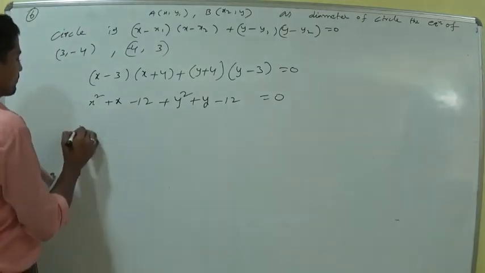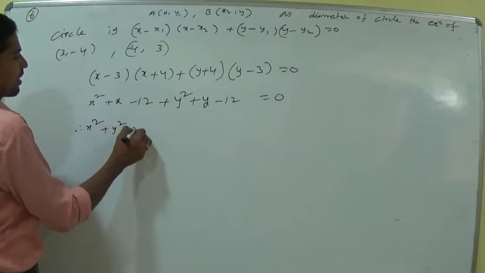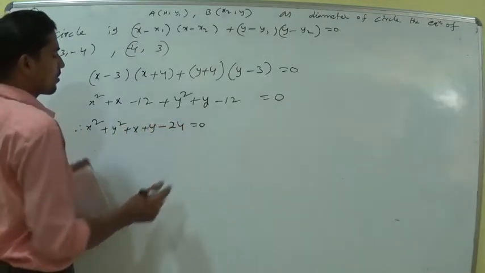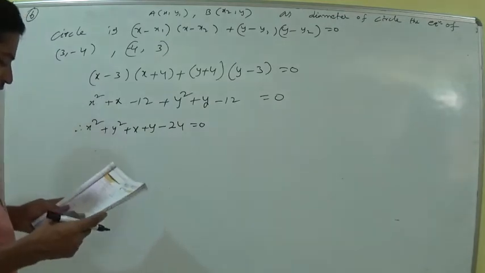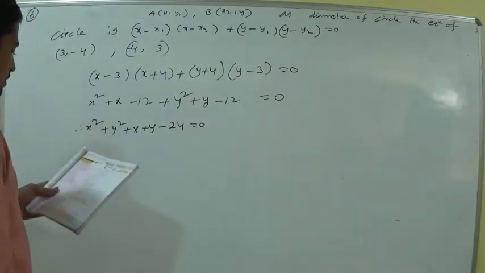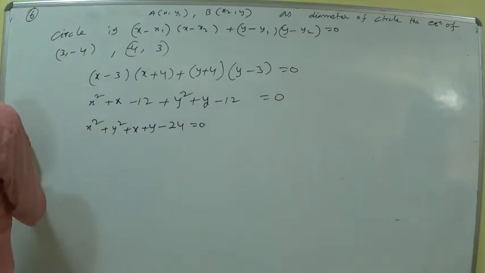Therefore x square plus y square plus x plus y minus 24 equal to 0 is the required equation.